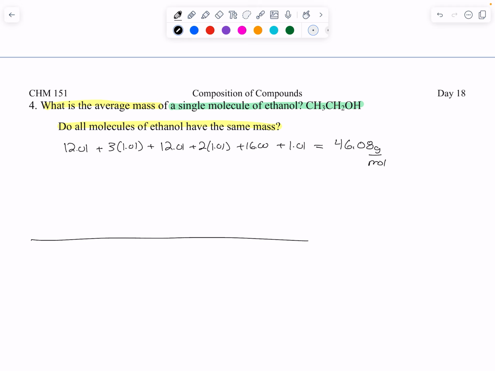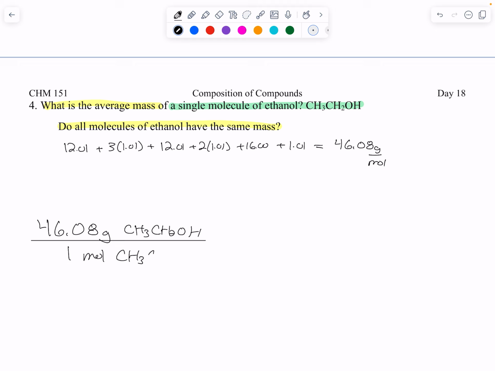So I'm going to rewrite this as 46.08 grams of CH3CH2OH per 1 mole of CH3CH2OH.